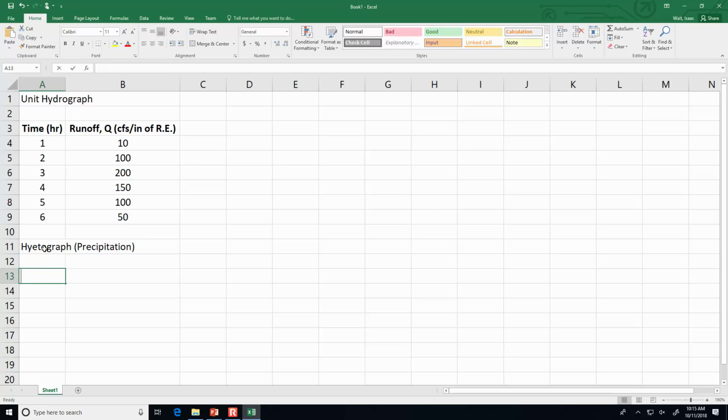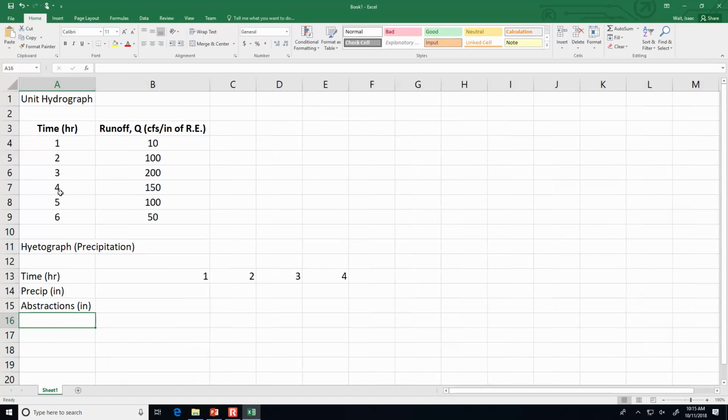Okay, so we had a certain time in hours. And during the first hour, second, third, fourth. Okay. And we're going to have precip in terms of inches, and then abstraction in inches, and then we'll subtract the abstractions from the precipitation, and that'll give us the rainfall excess, also in inches.